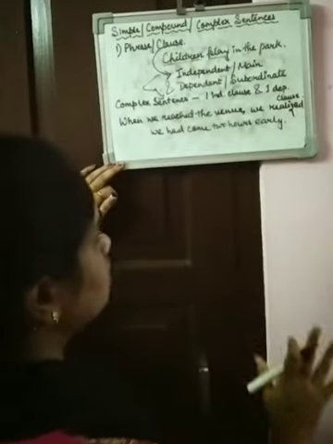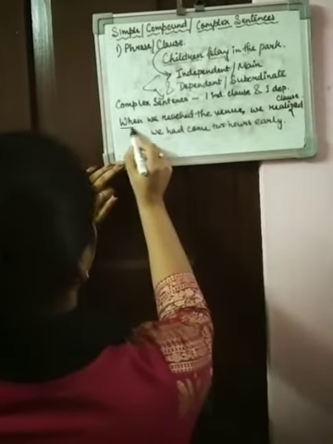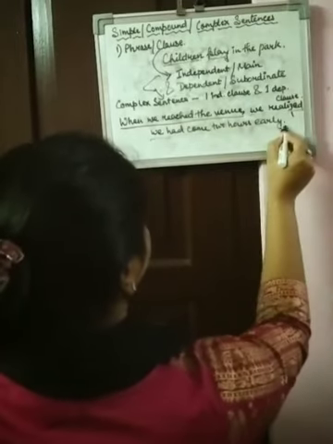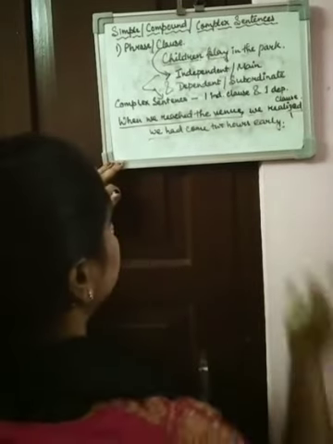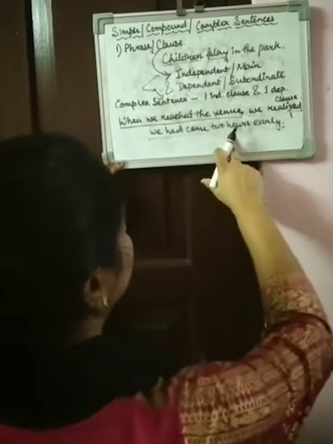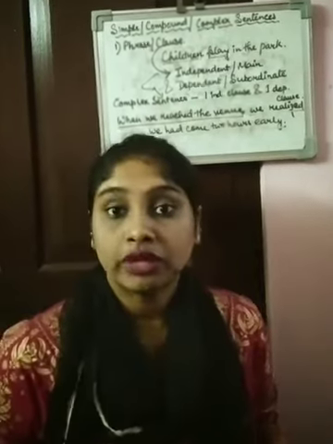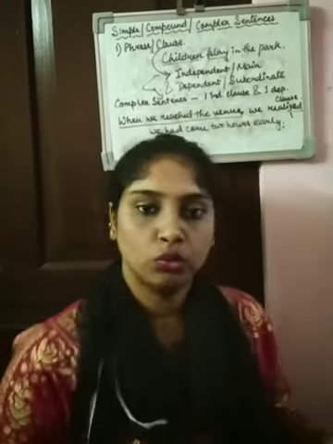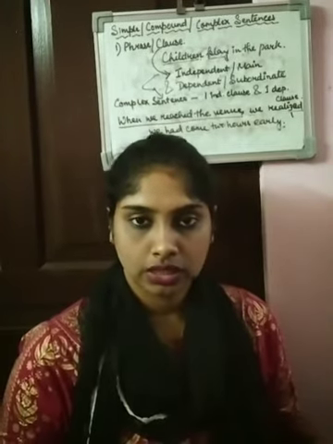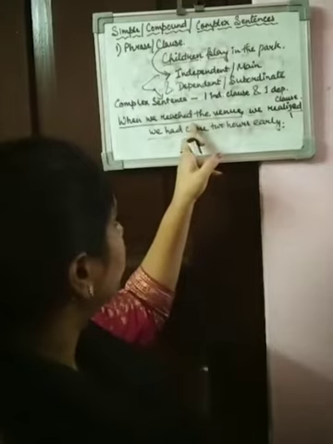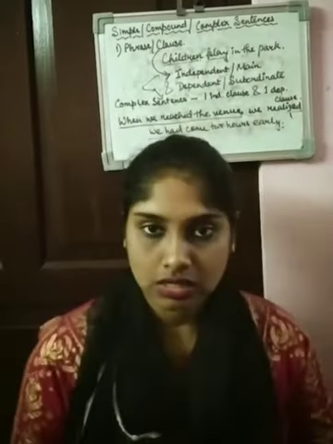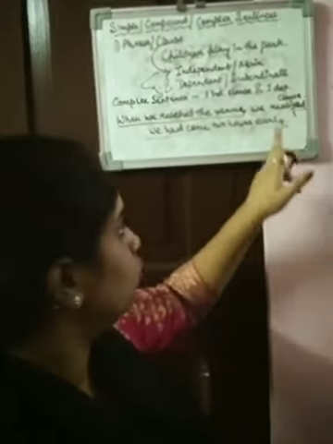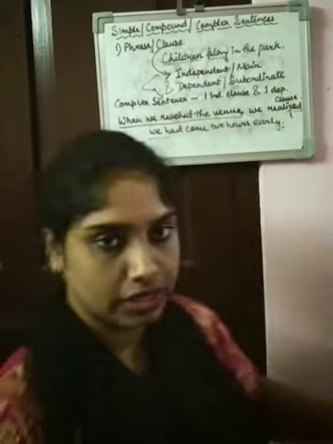Now these two are clauses. This is a dependent clause and this is an independent clause. How? We realized we had come 2 hours early. When we reached the venue. Here you are not waiting for any answer after: we realized we had come 2 hours early.